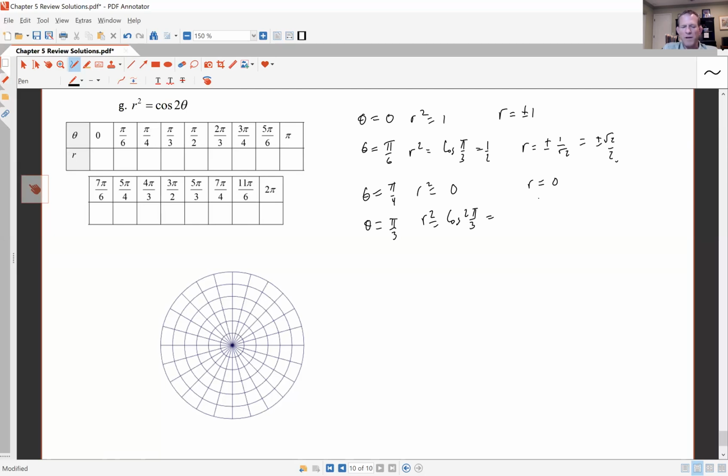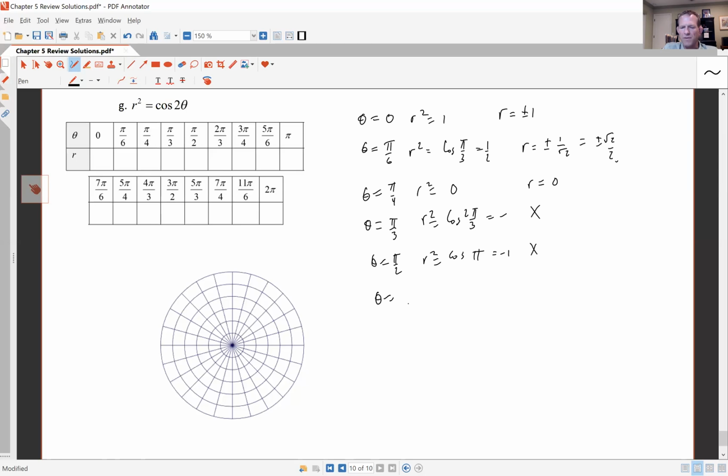So we don't get any points for that one. When you put in pi over 2, r squared is cosine pi. Cosine pi is negative 1. We also don't get points for that.